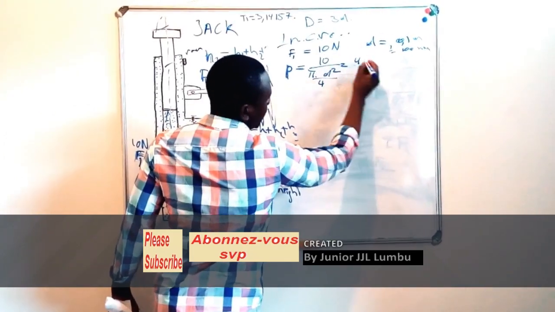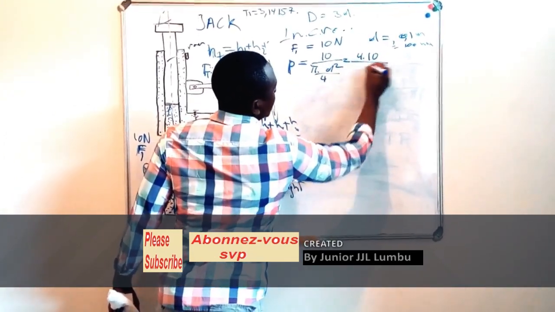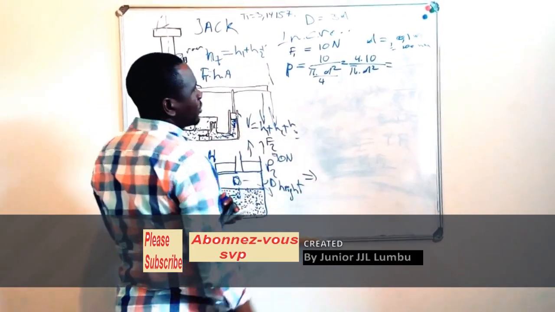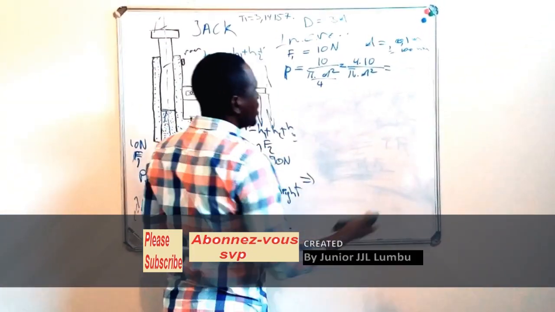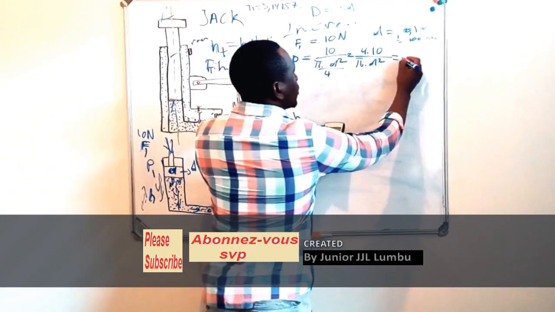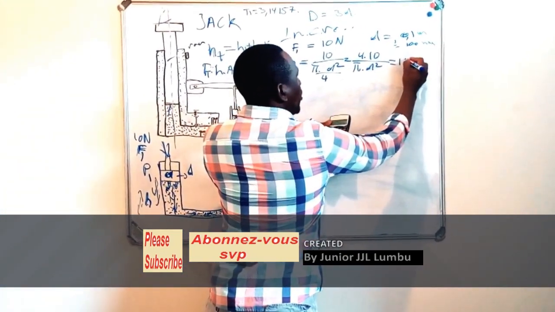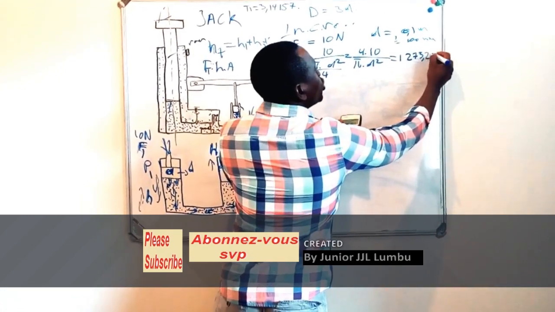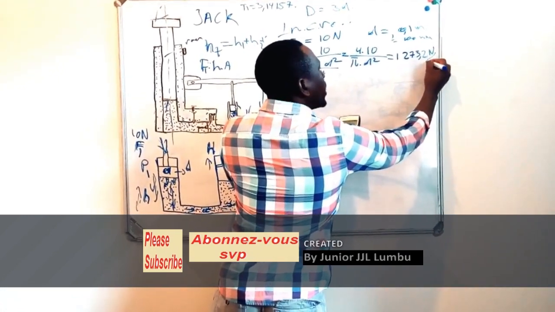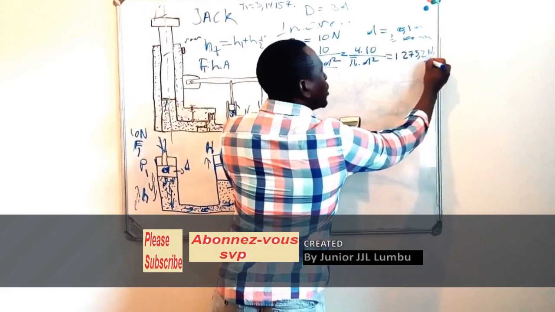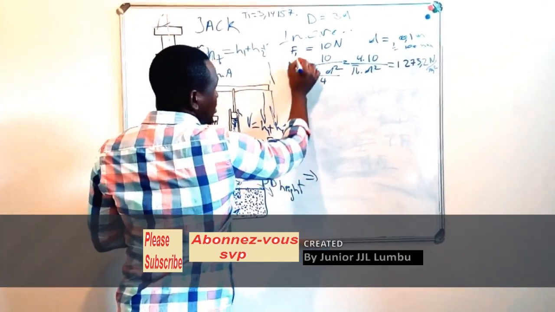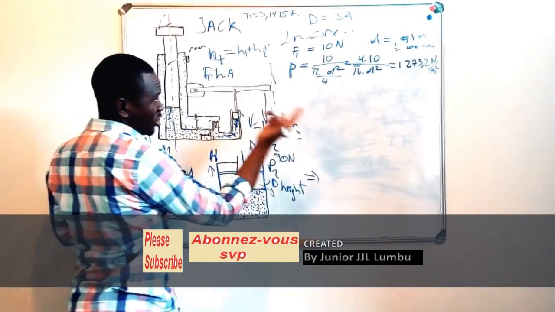So that gives me 1273.2 Newton per meter squared. This is for this side, and the pressure is the same on the other side.